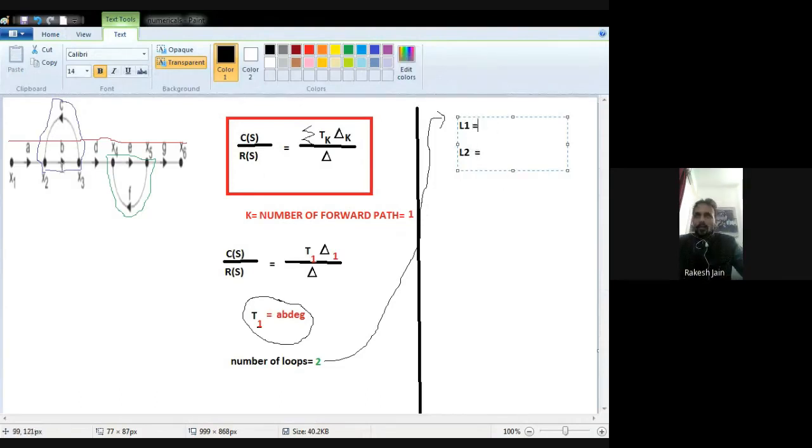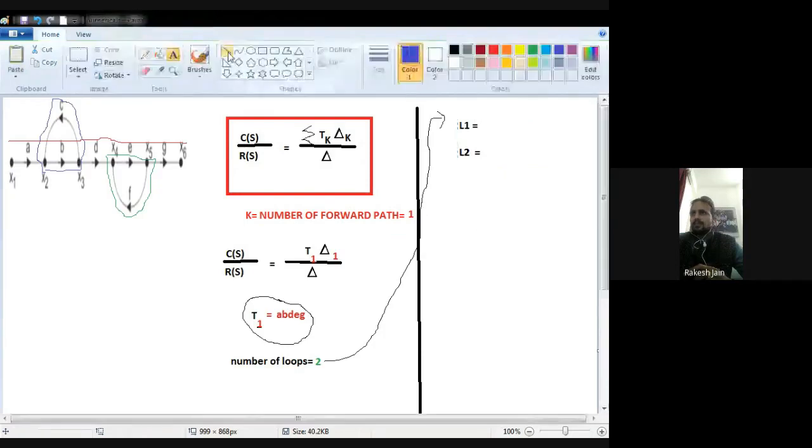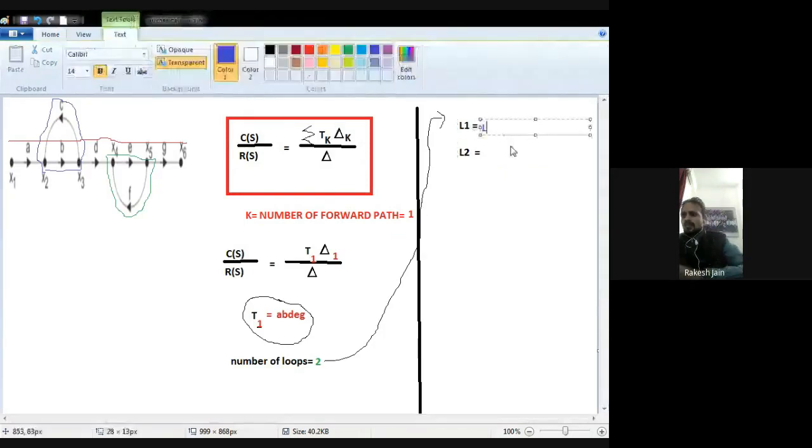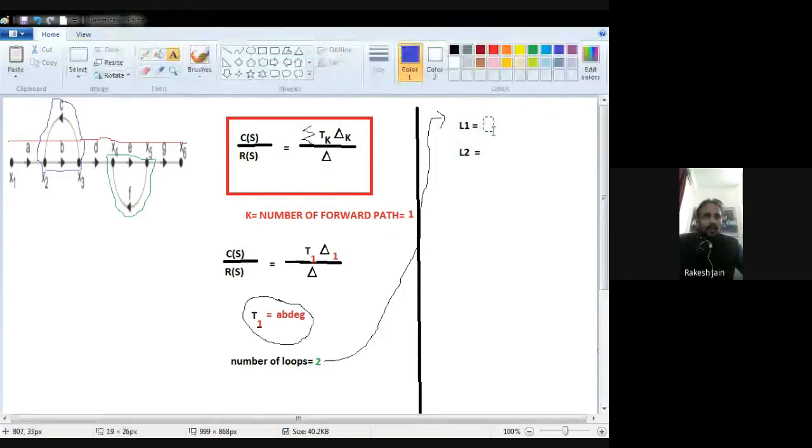So what is L1? In the blue color loop, I write down with the same color so you will not be confused. L1 equal to, so what was my loop?